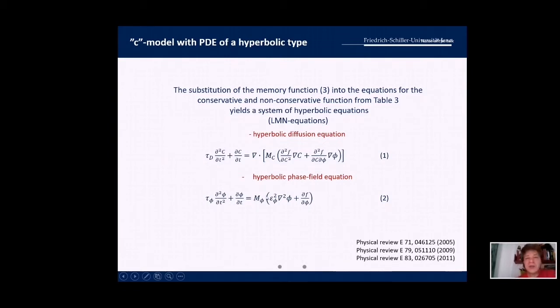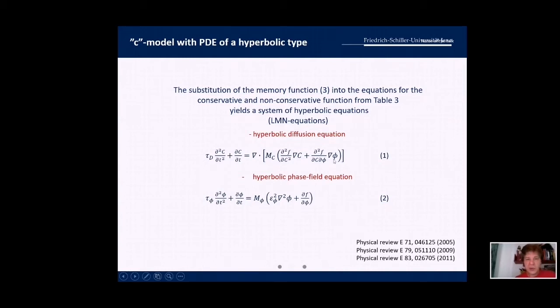I would say it is not correct to say diffusion. This is a dissipative term which shows the propagation of solute by the diffusion mechanism, and also the propagation of the interface by the diffusion mechanism, because the second derivative in space, the Laplacian here and the Laplacian here, characterizes the inhomogeneity of these functions C and phi.